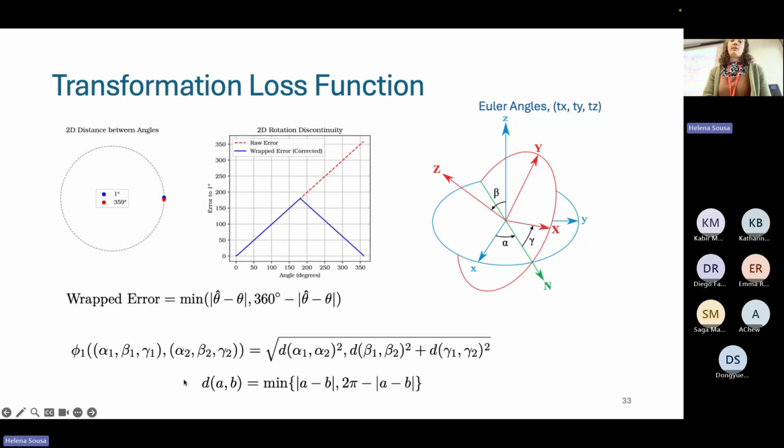And this has been used in literature, also extending the same formula to 3 Euler angles. So this is an option, but it's maybe not the best option if you want to sample all of your 3D transformations, because Euler angles have some challenges to work with. One of these being that you can represent the same final 3D transformation by a different combination of Euler angles in certain cases.